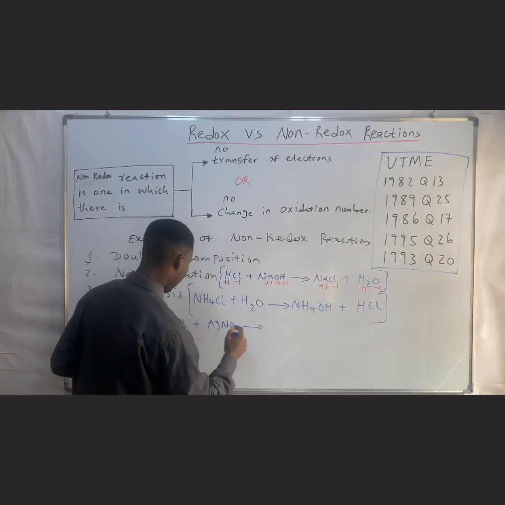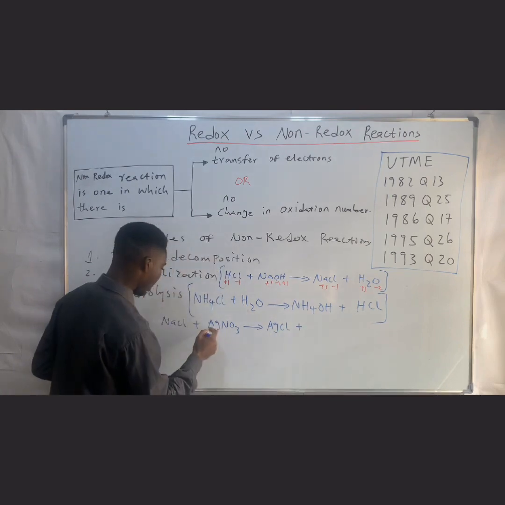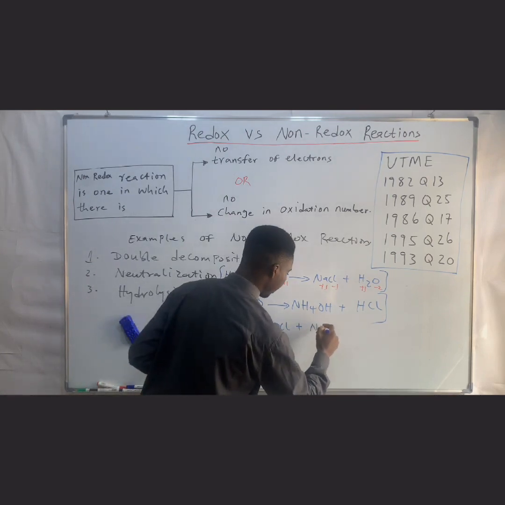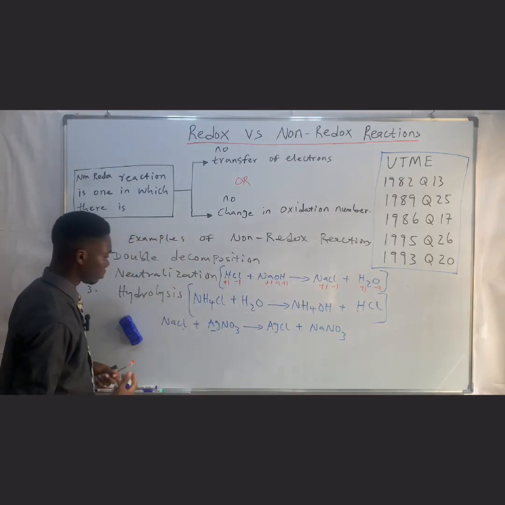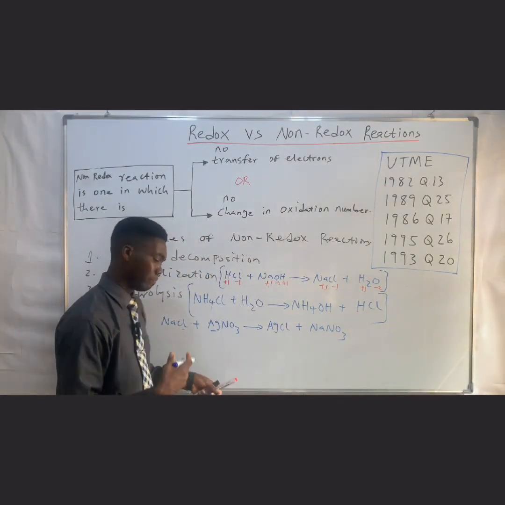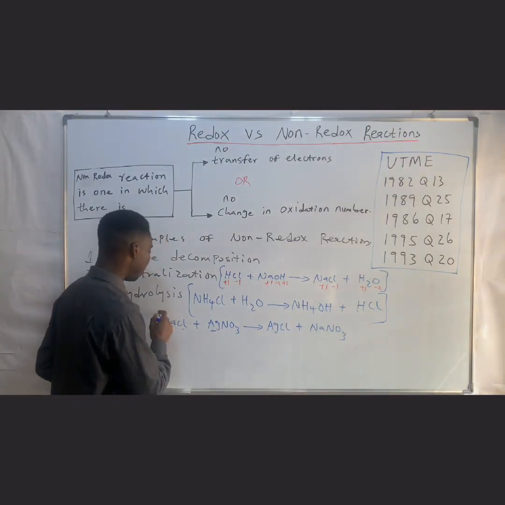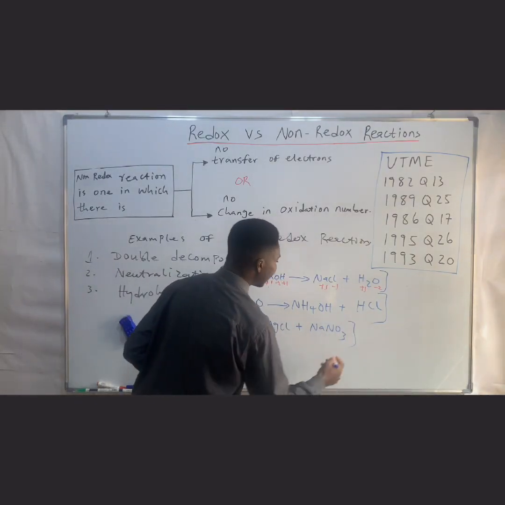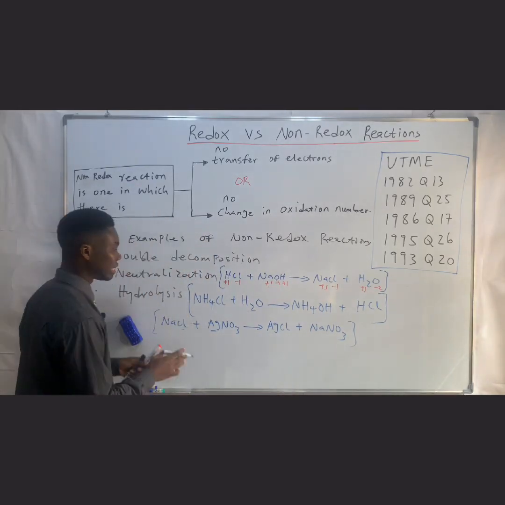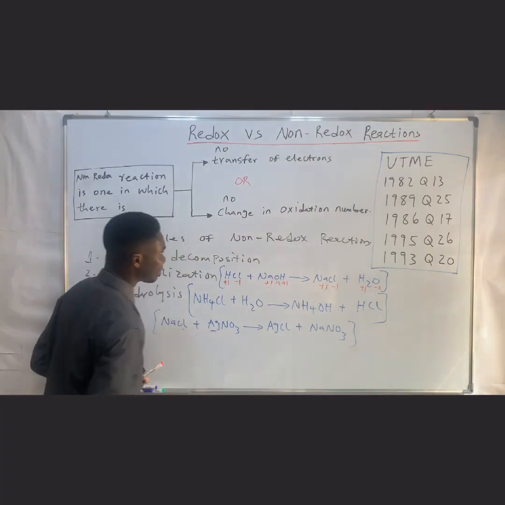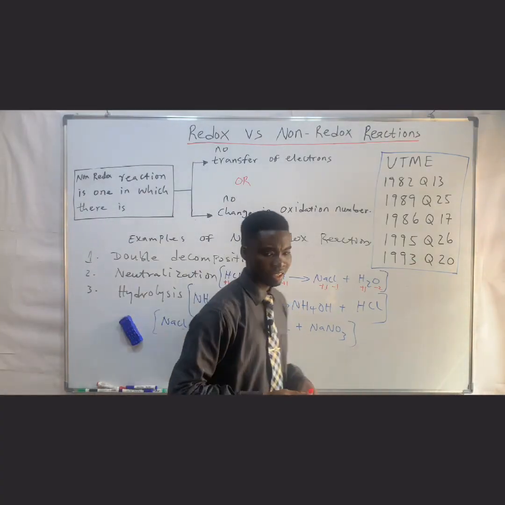That will give us silver chloride plus sodium nitrate. This is an example of double decomposition reaction, very common, right? You will see that there's no element in the free state, isn't it? That is how you recognize non-redox reaction. There is usually no element in the free state.